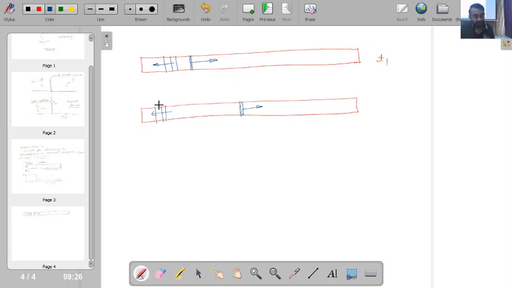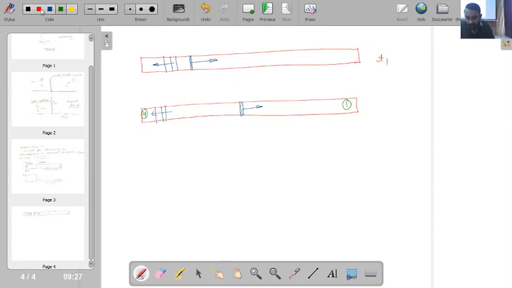So ultimately, any region downstream of the shock wave is still not influenced and is still at pressure P1. Far away from this it will be at condition 1, and here it will be at condition number 4.